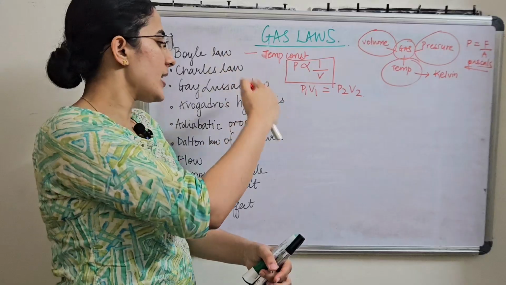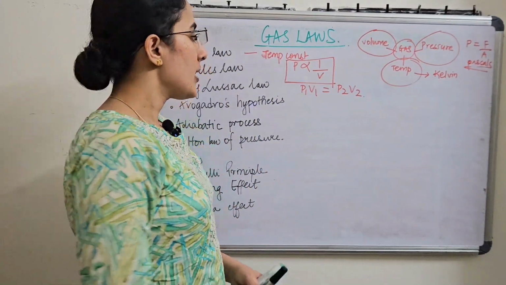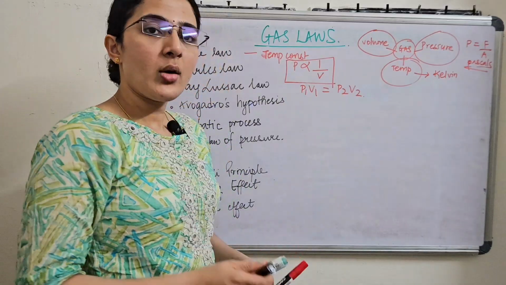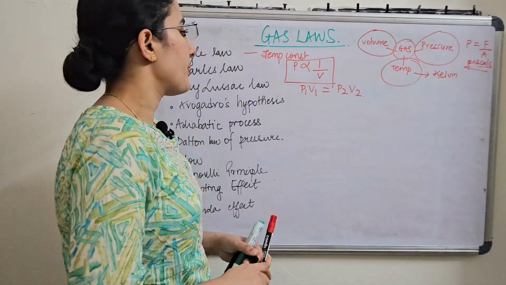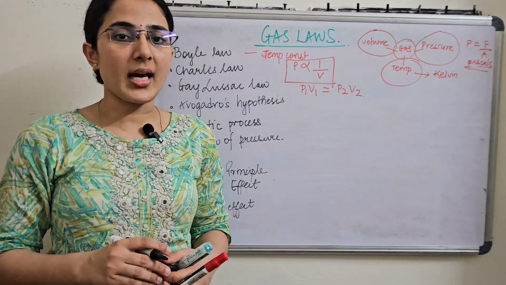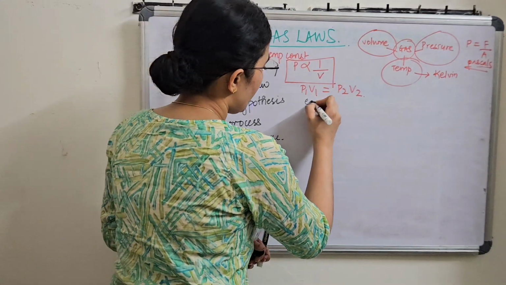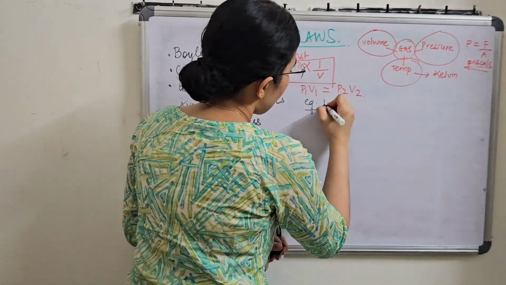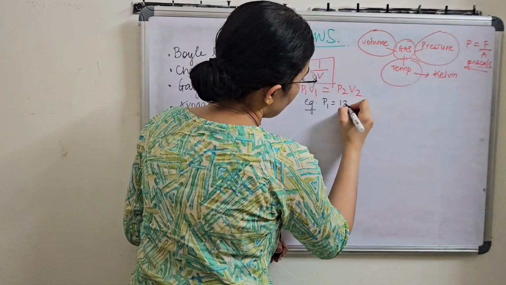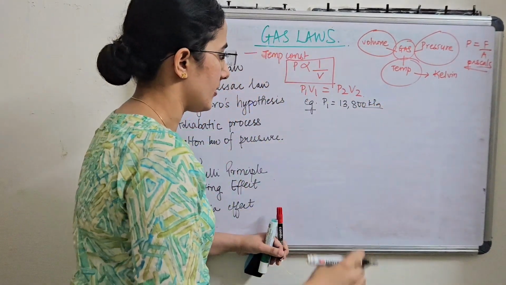I'll be discussing each of these laws and its medical application simultaneously. So when we come to Boyle's law, what is the use of Boyle's law? It will tell us how many liters of the gas is present within the cylinder. Let us take an example. P1 is the pressure, which is 13,800 kilopascals, the pressure of the cylinder.